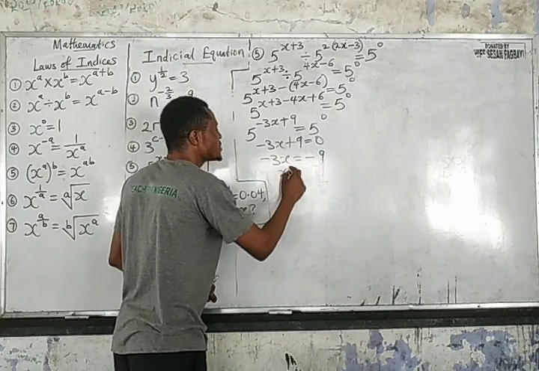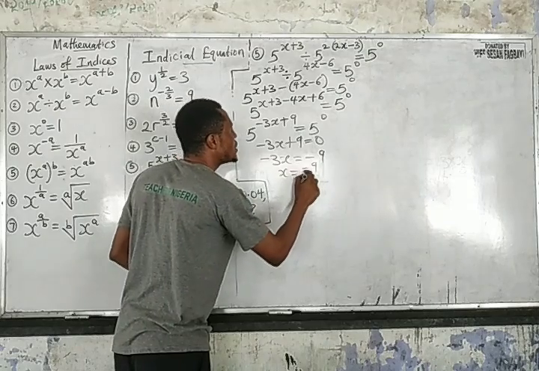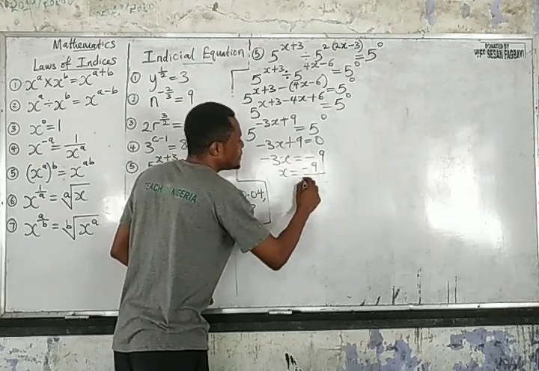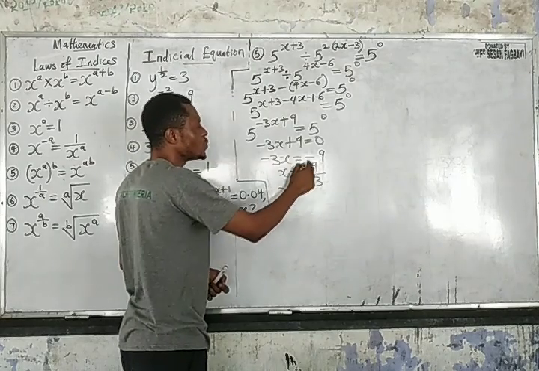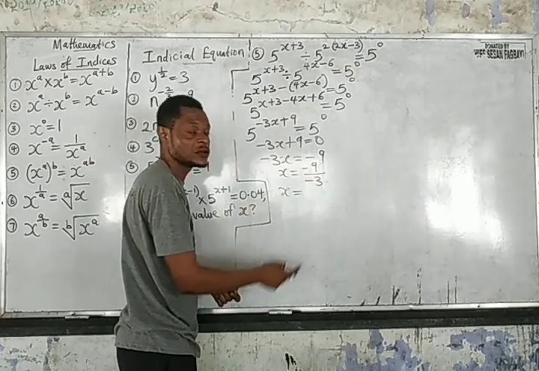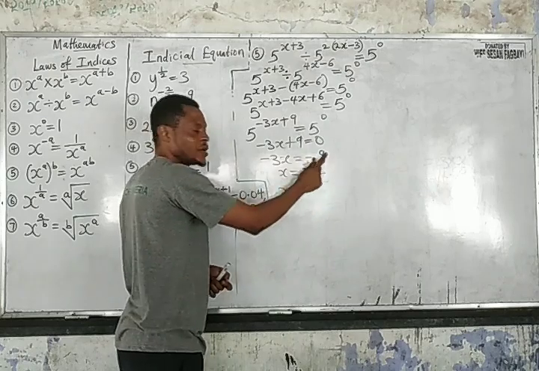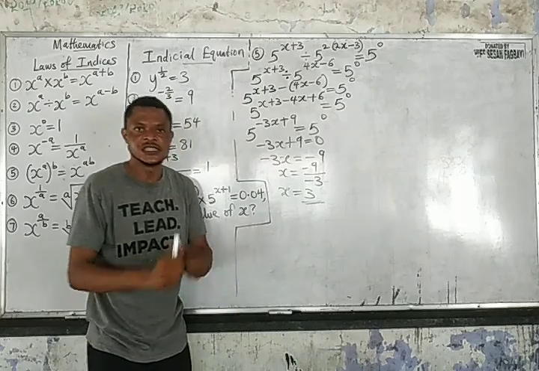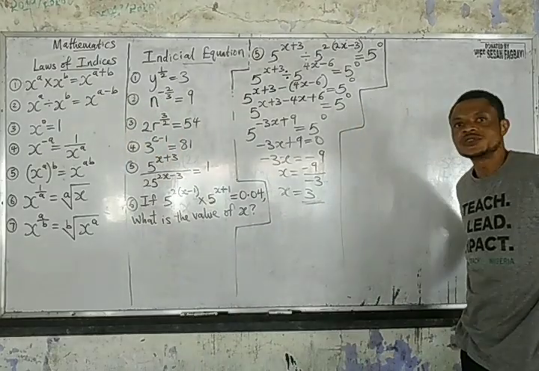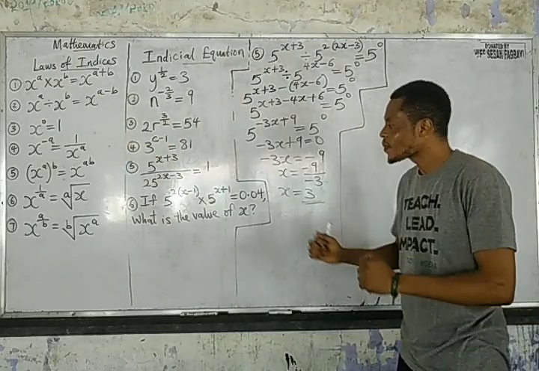We have x to be equal to minus 9 all over minus 3. Then minus cancels minus, 3 here 1, 3 here 3. Your x ends up to be 3. Easy. Let's proceed to the 6th question.